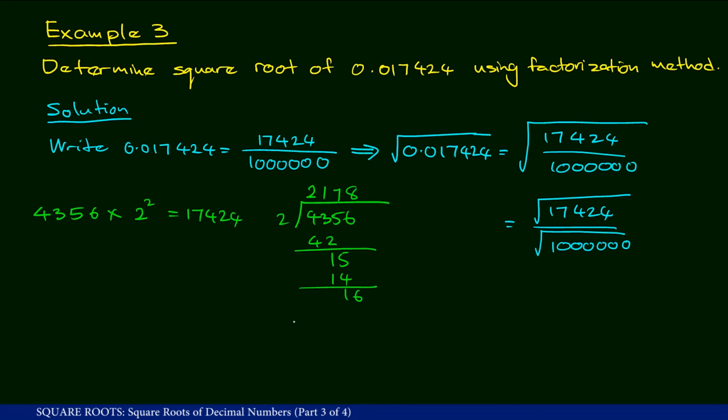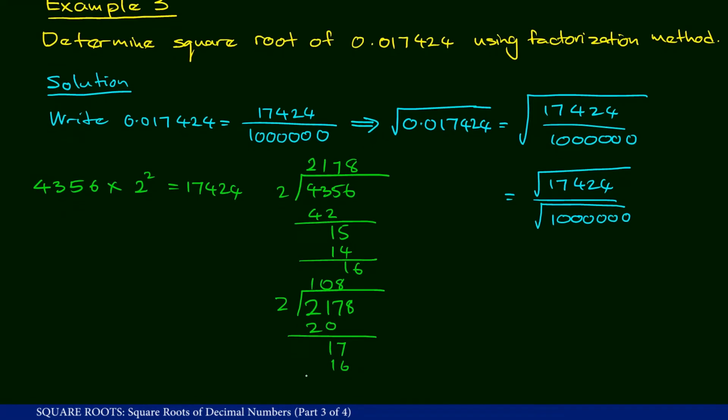And 2178 can be divided by 2 again. So 2178 divided by 2. So this is going to give us 10. So that's 20 with remainder 1, 7, 8 there. So that is 16, remainder 1, 8. So 9 here. Okay.